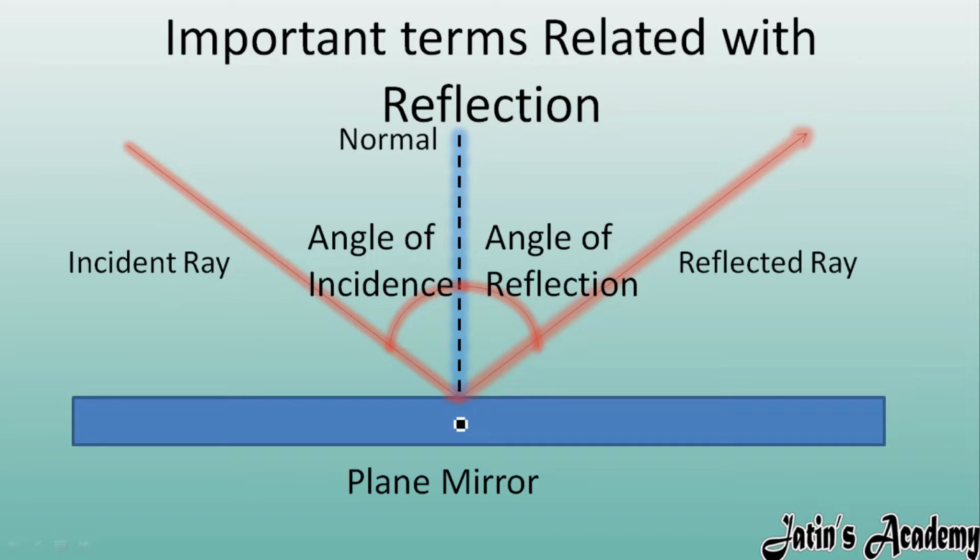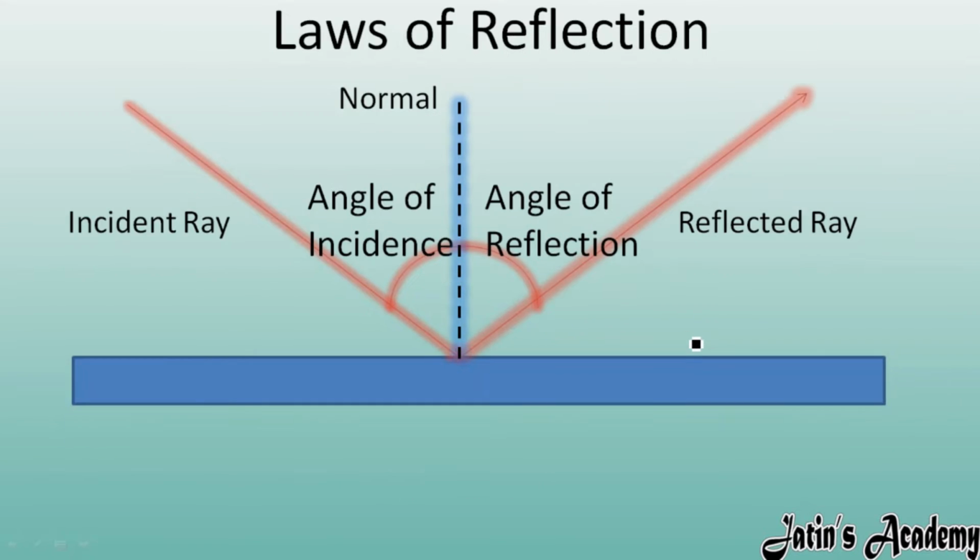After striking, it gets reflected back. That reflected light ray is known as the reflected ray, and the perpendicular line drawn on the plane mirror is the normal. The angle between the incident ray and normal is the angle of incidence, and the angle made between the reflected ray and normal is the angle of reflection.